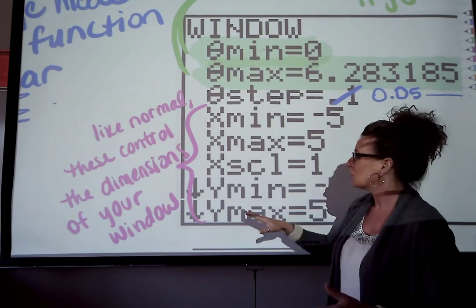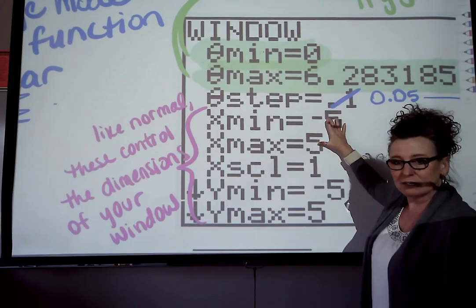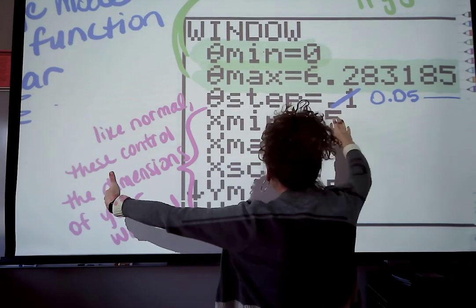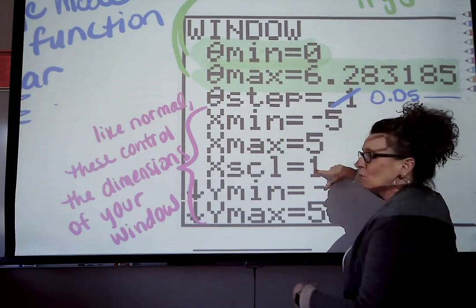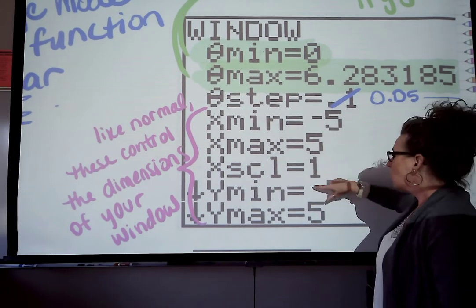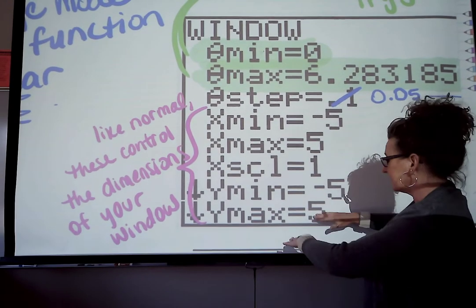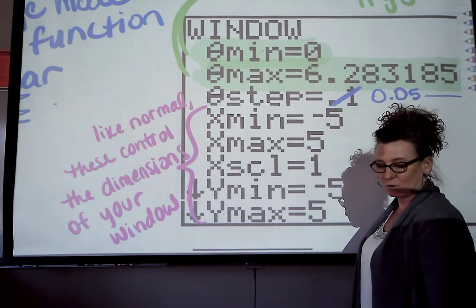That's just like normal. Make your X-mins and maxes about -5 and +5. So we want far left to be a -5. We want far right to be a +5. And I think we'll count by ones. Y-min, let's make our lowest a -5, and let's make our highest a +5. And you can count by ones there on your Y's.